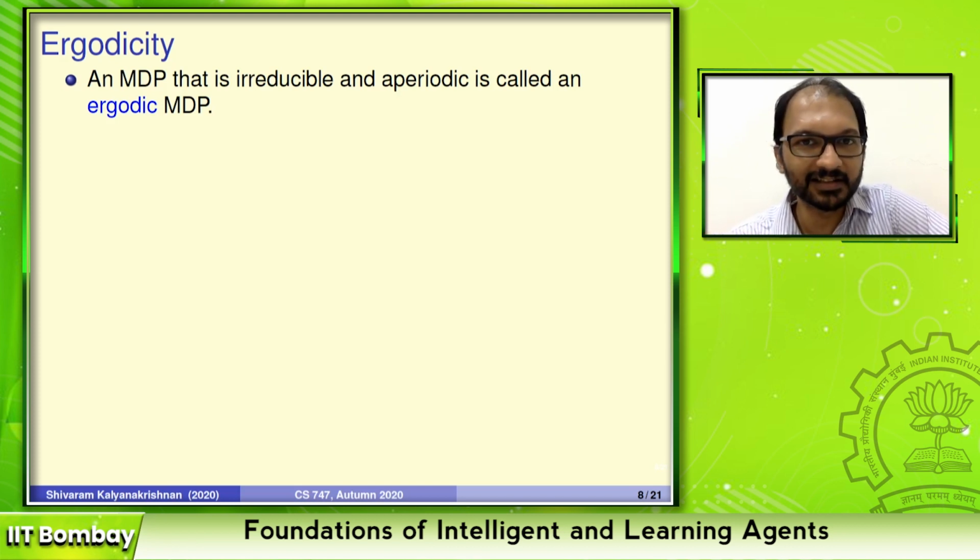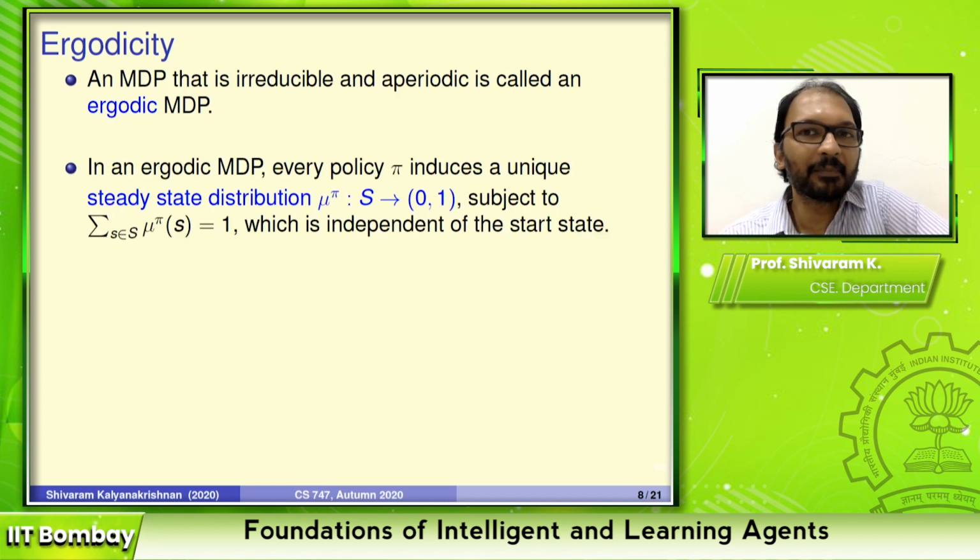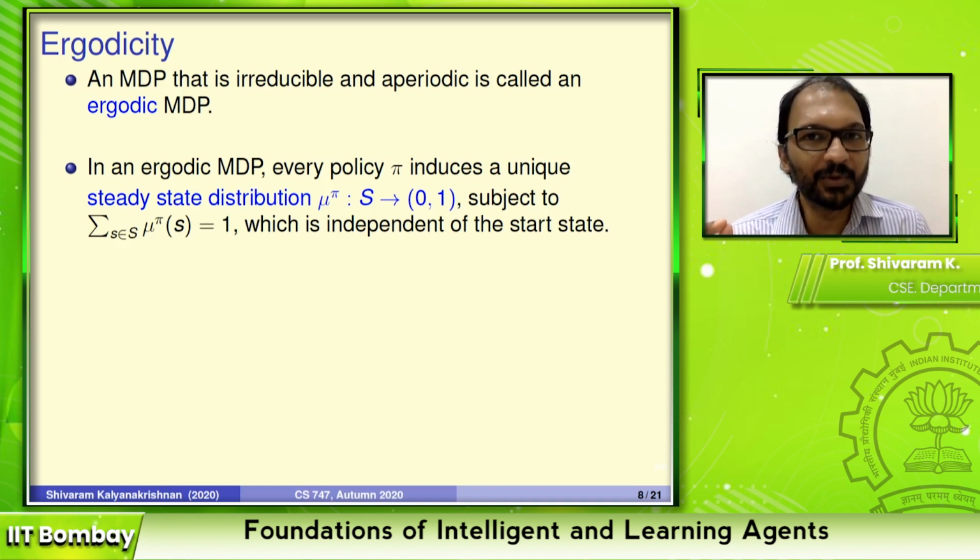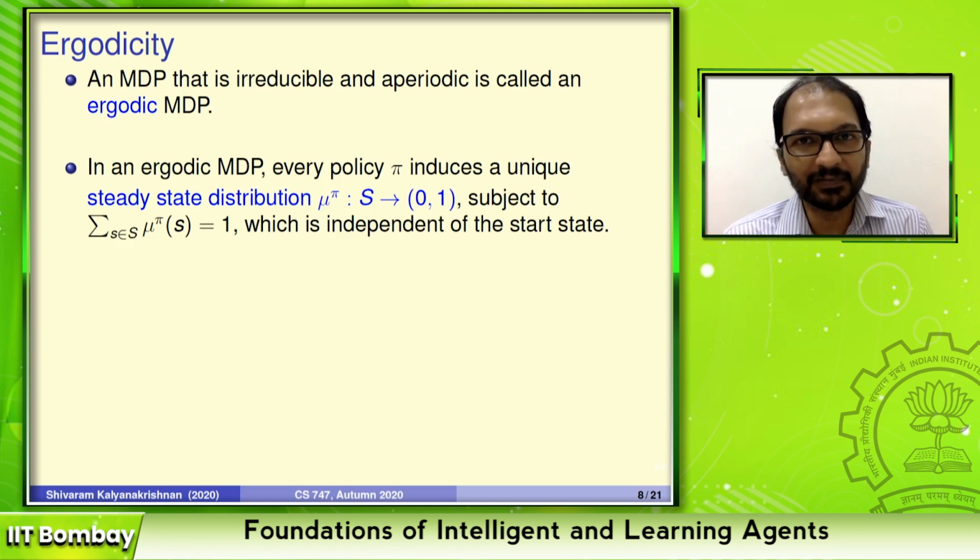Ergodicity is this property of being both irreducible and aperiodic. Now, the good thing about an ergodic MDP is it has what is called a unique steady state distribution under any policy. Because you take an MDP and you fix a policy for that MDP, then that policy induces what is called a steady state distribution.